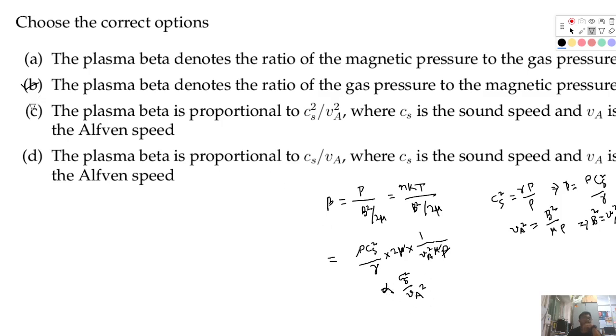So the C option is another one which is correct. I hope you got the answer.